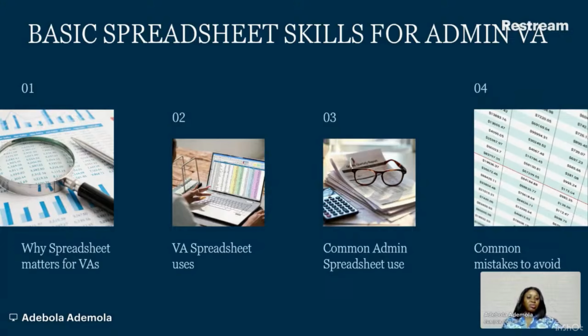If you are using a spreadsheet to track a project, you definitely have columns that will have the project name, the client, the start date, the end date, the people you assign to, status, priority, and all of that. That is if you decide not to use a project management tool, which I highly recommend that you actually use, because on spreadsheets you have to input all of these things yourself.